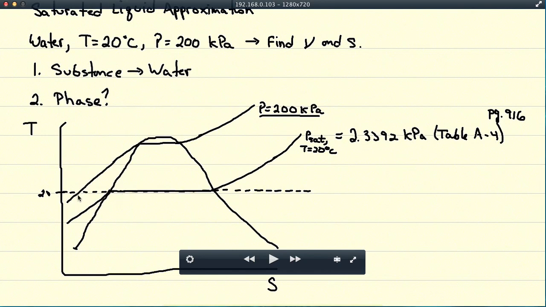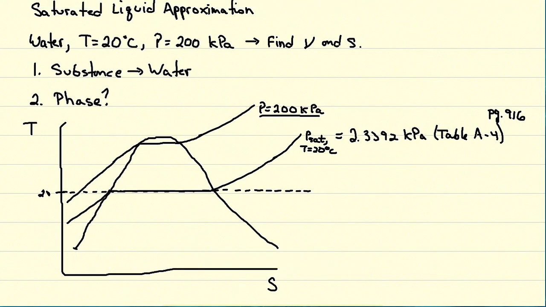I'm exactly where these two lines meet, right there where the arrowhead is. So I'll draw a dot there. The state of my substance is right here. That makes me a compressed liquid, so my phase is compressed liquid.